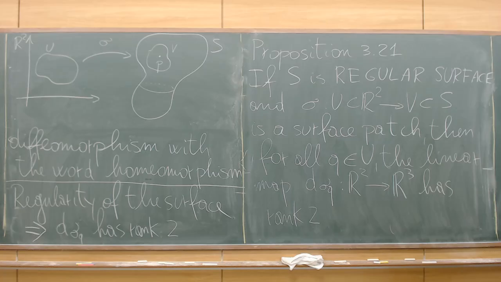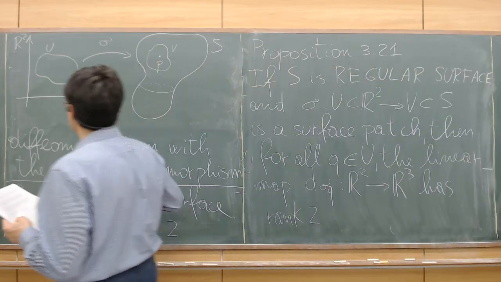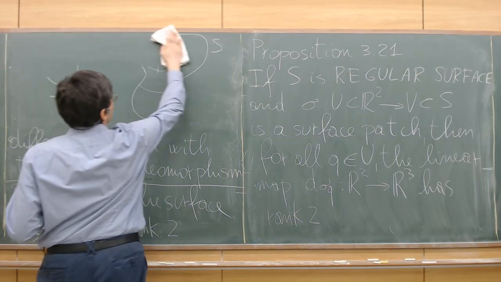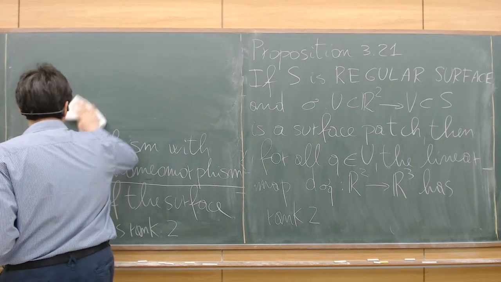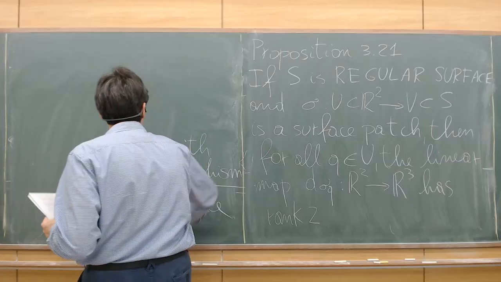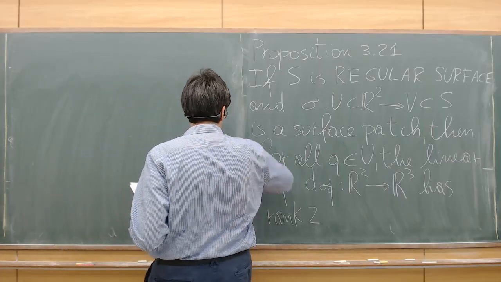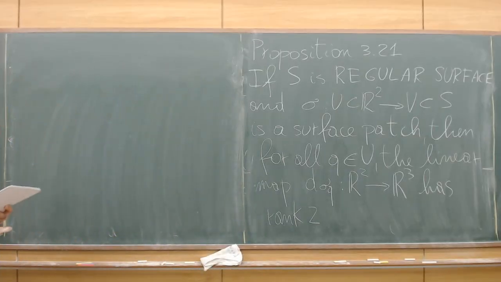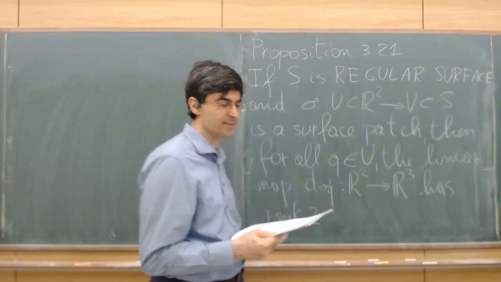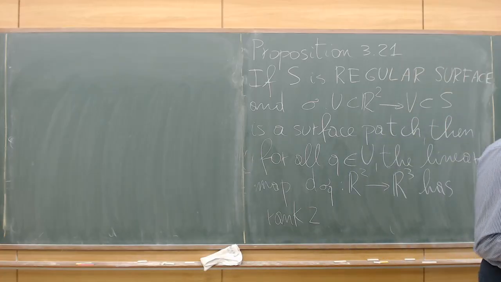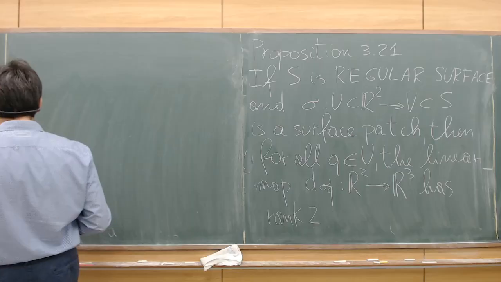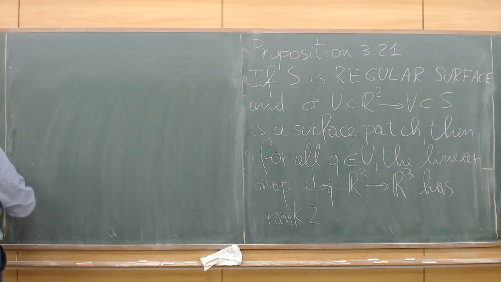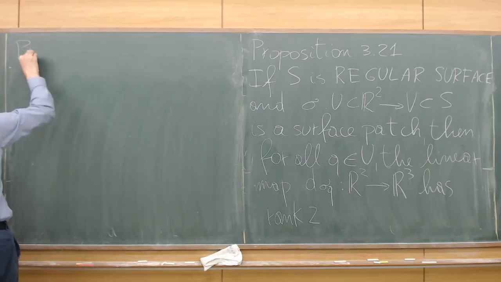How to prove this result? The proof of this result uses a technique we already used for proving that the derivative of an invertible function is invertible. So let's see the proof.